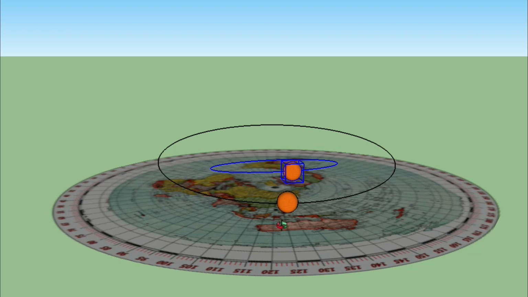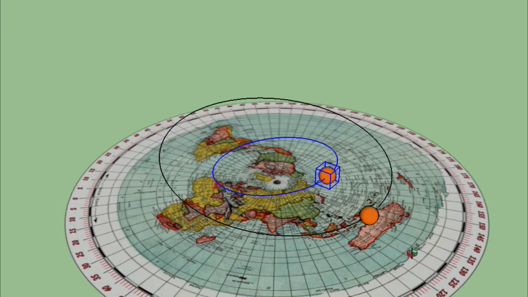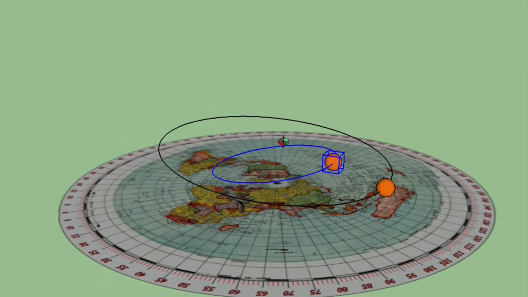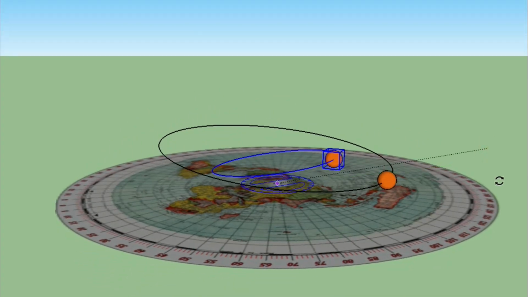So that means people in the south see a sun that is higher in the sky. Do you understand that? You see that, Flatzoid? Higher in the sky.